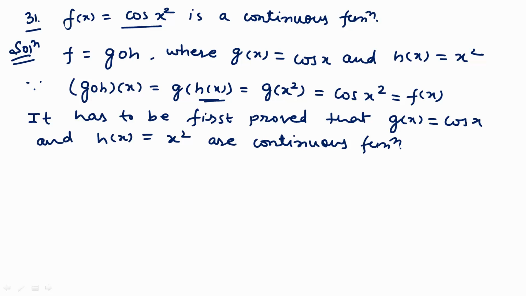But we need to prove that f(x) is equal to cos x square is a continuous function.